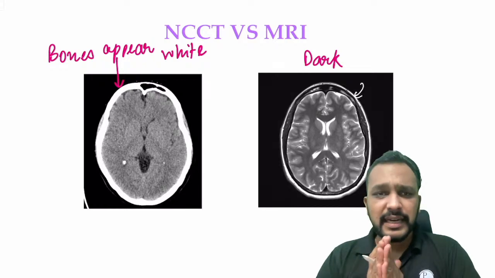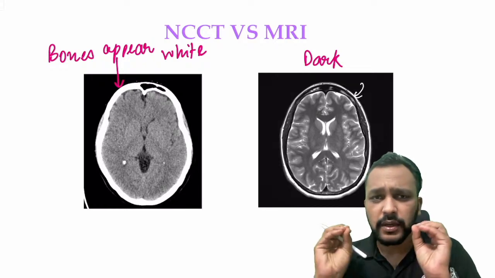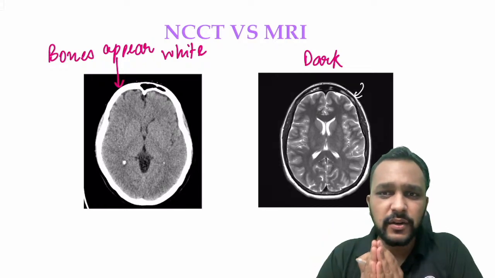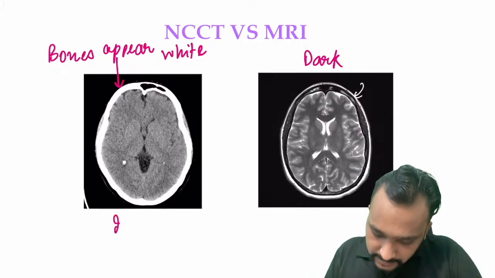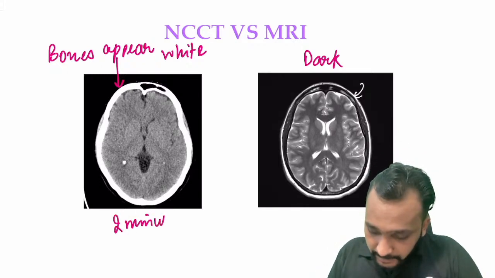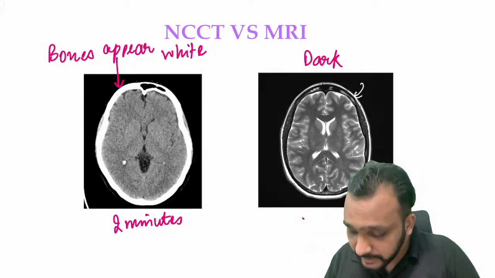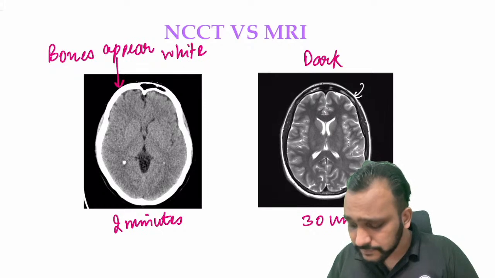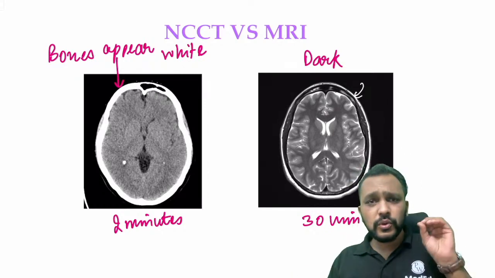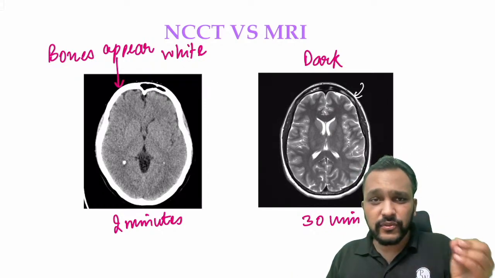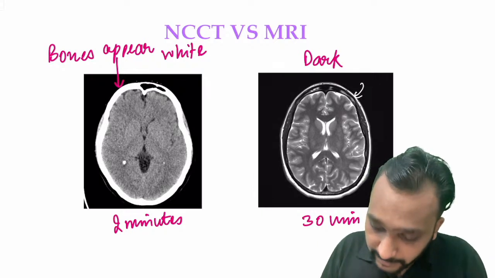Now one more thing that we need to know is that if we have to acquire a CT scan of the patient, it will just take us 2 minutes, right? But if we have to acquire an MRI of a patient, it is going to take us approximately 30 minutes, right? So we should know what the important indications are for doing an NCCT and for doing an MRI, right?